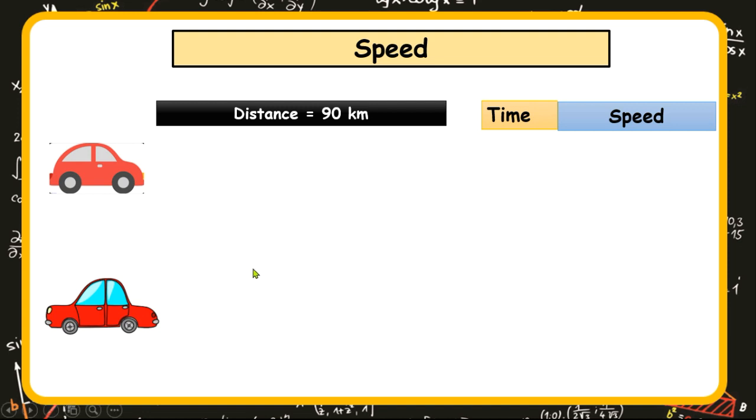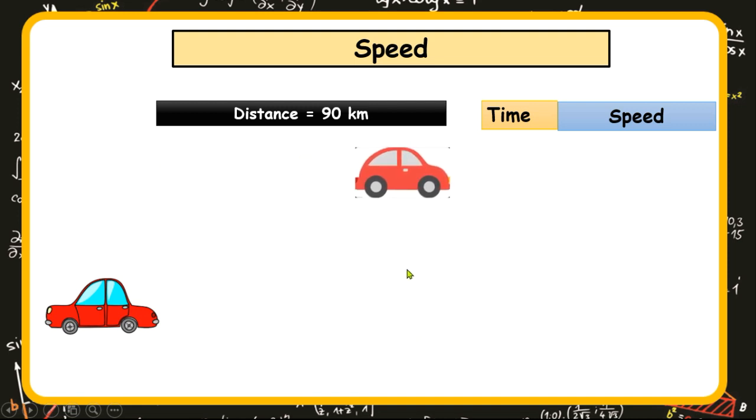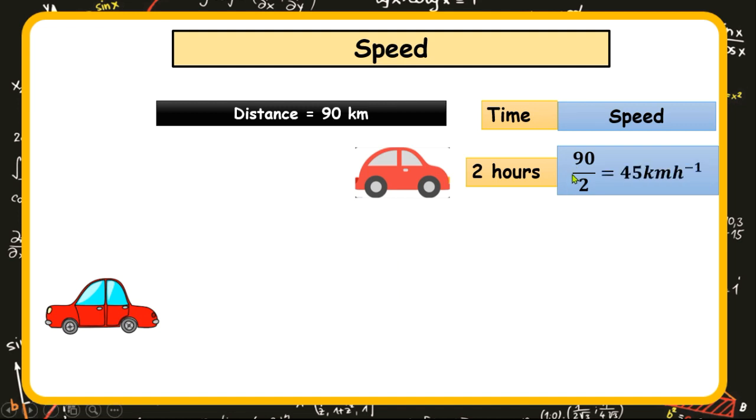With the first car, it traveled very fast and arrived 2 hours after taking off from a station. Now, we said speed is equal to the distance traveled over the time taken. That will mean the distance traveled as 90 kilometers over the time 2 hours. We will get the speed of 45 kilometers per hour.